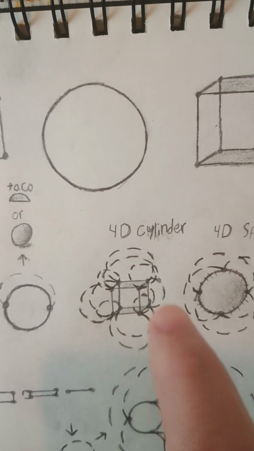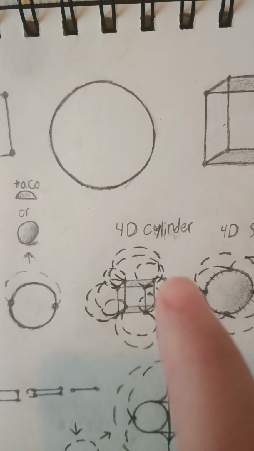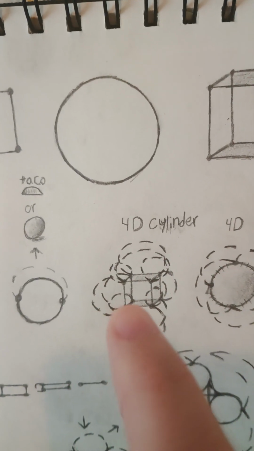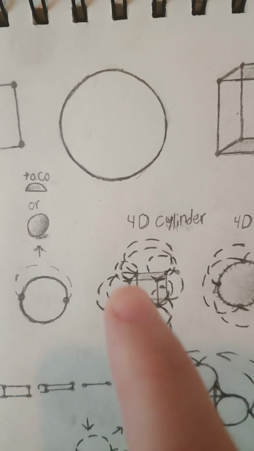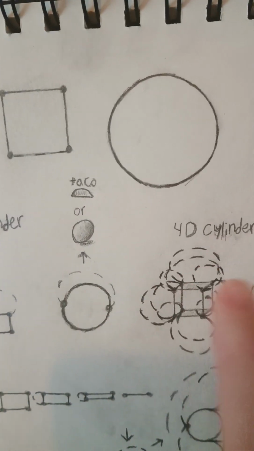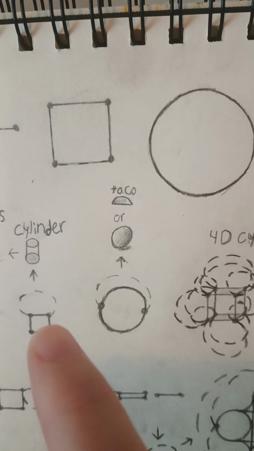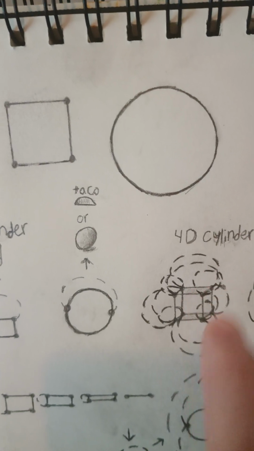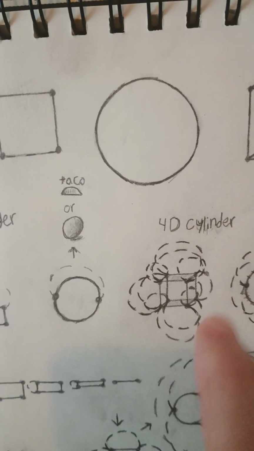And this was the next shape she should have drawn. This is a 4D cylinder. It is not a torus. It's a cube. And then we connect the lines, like here. But instead of doing it in one dimension right here, we've got two. So we got boom, boom, boom, boom, boom, boom, boom, boom.